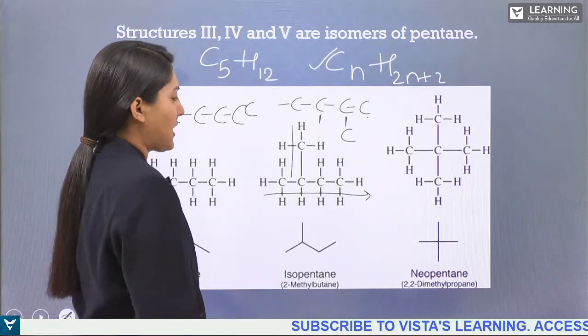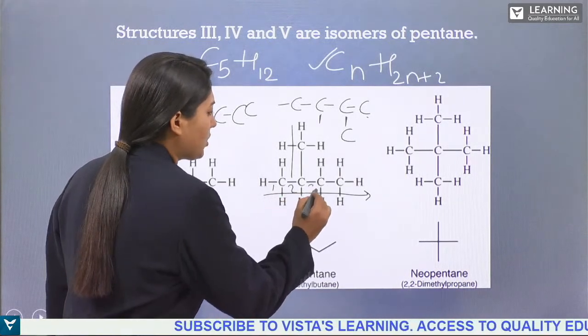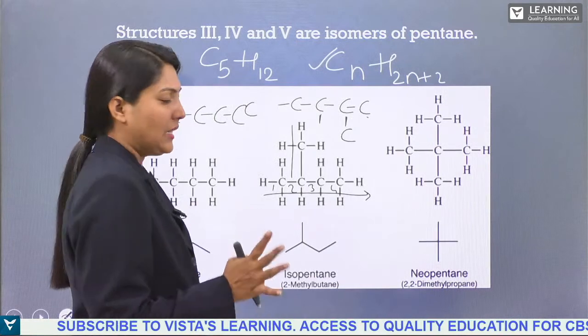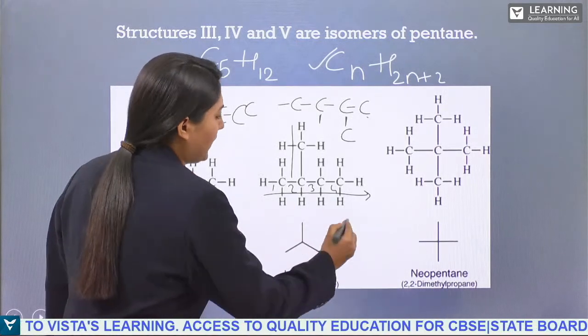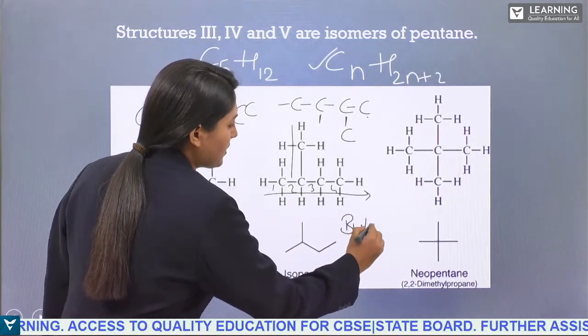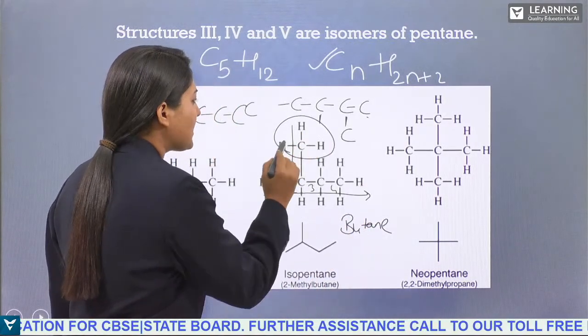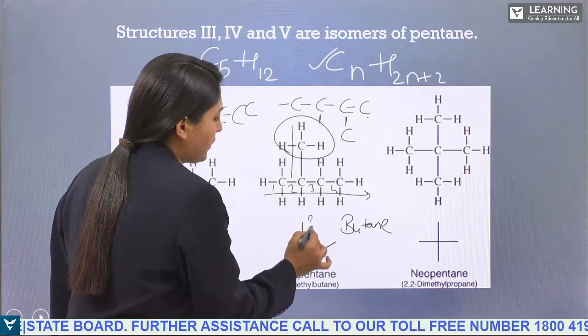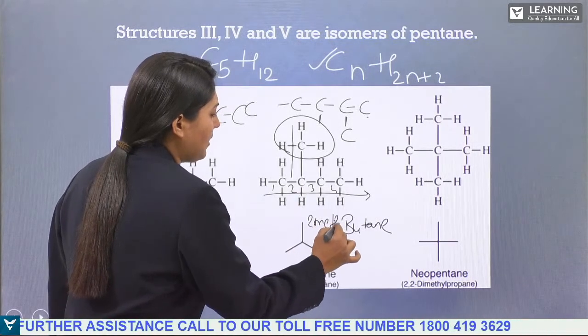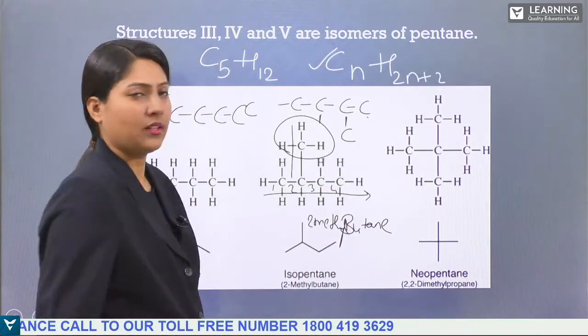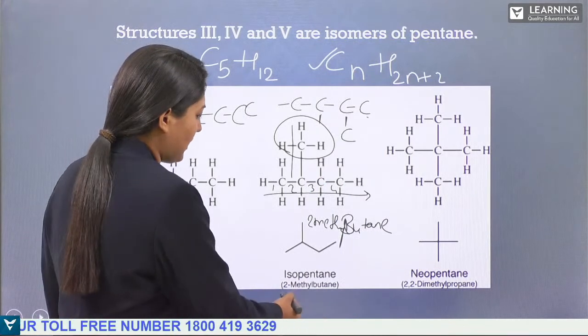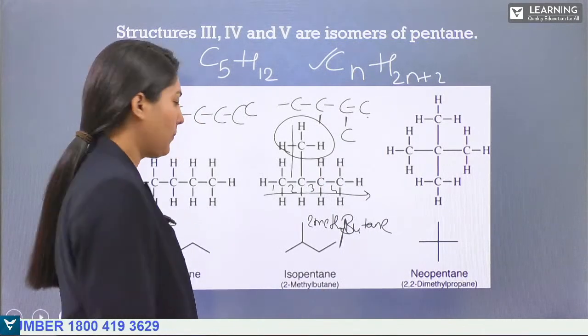What do we call this? As we know, 1, 2, 3, 4, it will be called butane because all are single bonds, and 1 methyl group is attached to the second carbon atom. So 2-methyl butane. Got it?